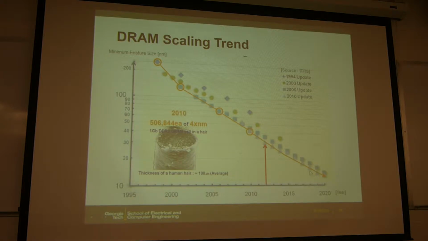Today's DRAM, the F is below 20 nanometer, so somewhere maybe 15 or 14 nanometer these days. Above 10, but below 20. The companies don't disclose the exact number, so they use 1X, 1Y, 1Z generation to represent the DRAM node.